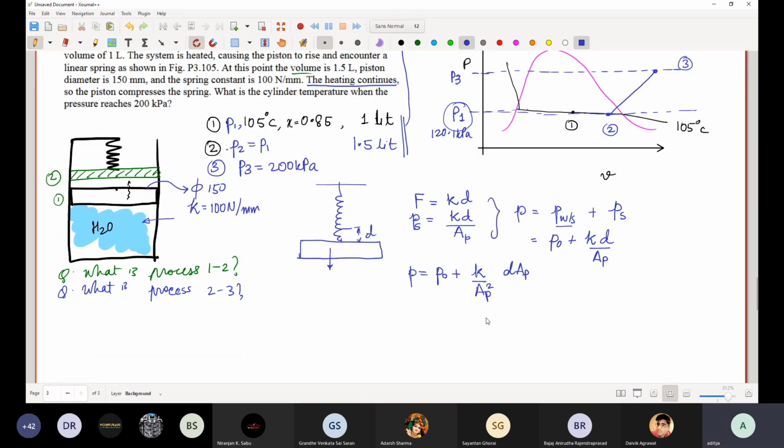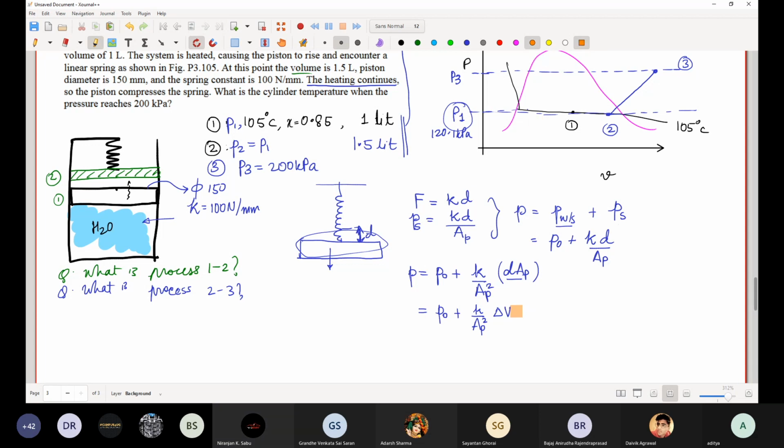Now this is P naught plus K over area of piston squared, times d times area of piston, which becomes delta V. D is the compression of the spring, and area of piston is the cross-section area. So this displacement times the area is like the volume swept by the piston due to the compression of the spring. Is that clear what this term is?